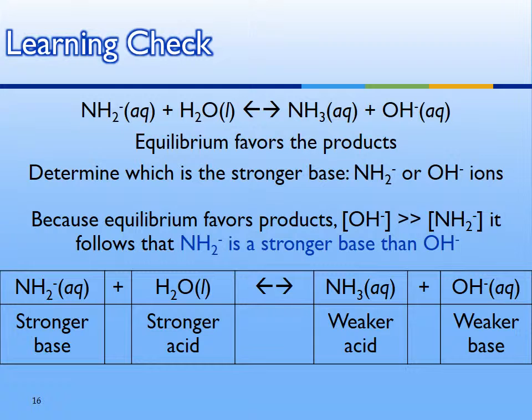Whereas, since equilibrium is on the right, that means we have a whole lot of ammonia, more ammonia than the amide ion present. Therefore, it must mean that the amide ion must be the stronger base, since it has picked up a whole lot of hydrogens from water to form ammonia. I hope this is clear.